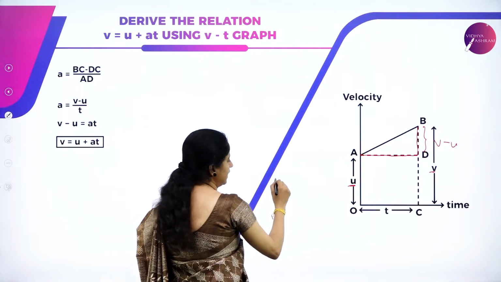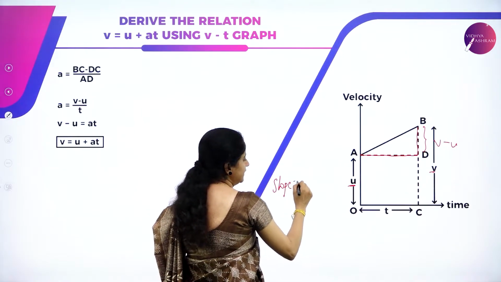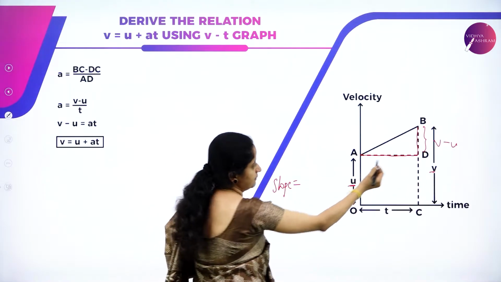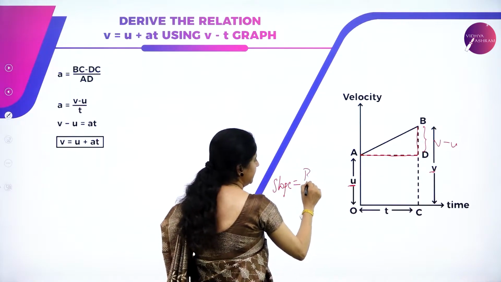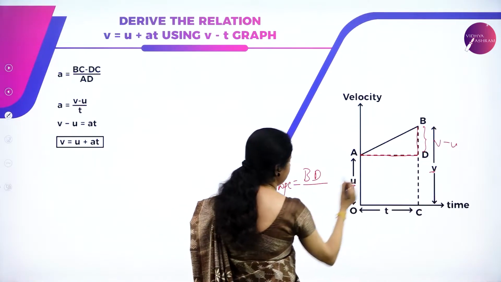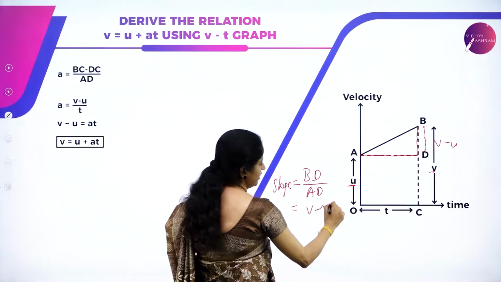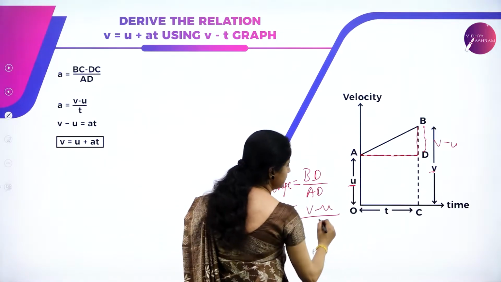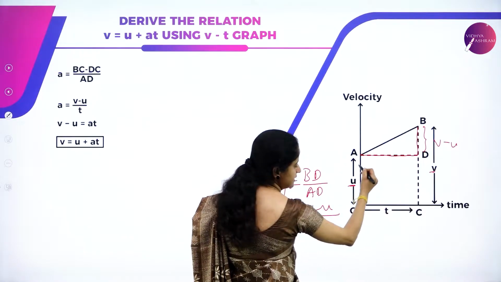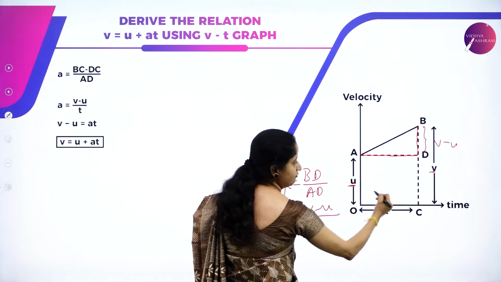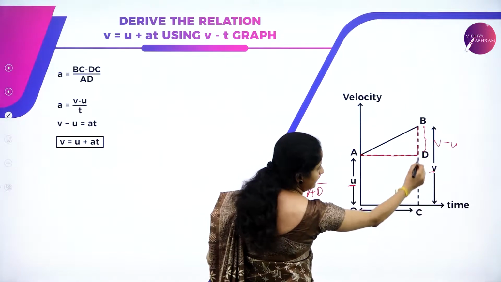So slope, how to calculate slope? It is y-intercept divided by x-intercept. Here the y-intercept is BD divided by the x-intercept AD. So what is BD? BD is nothing but V minus U and AD is T, because the base is the same for both this triangle and this rectangle.